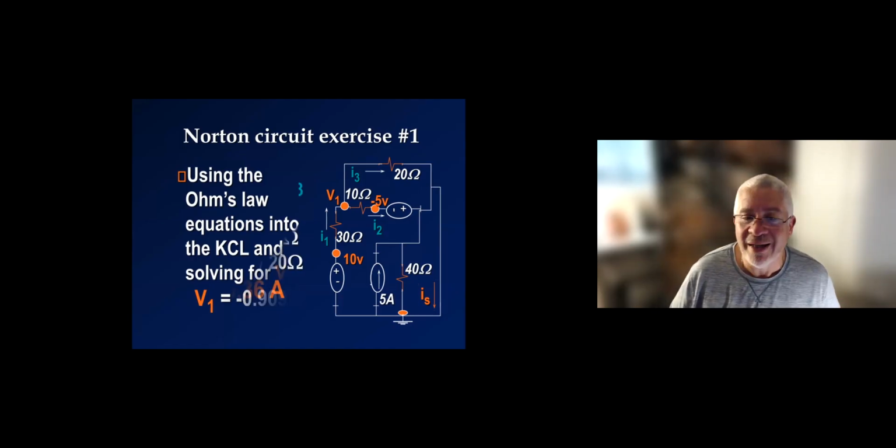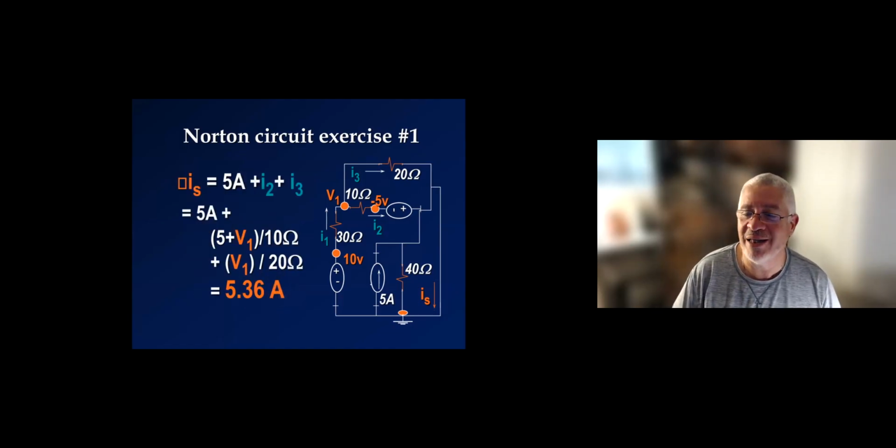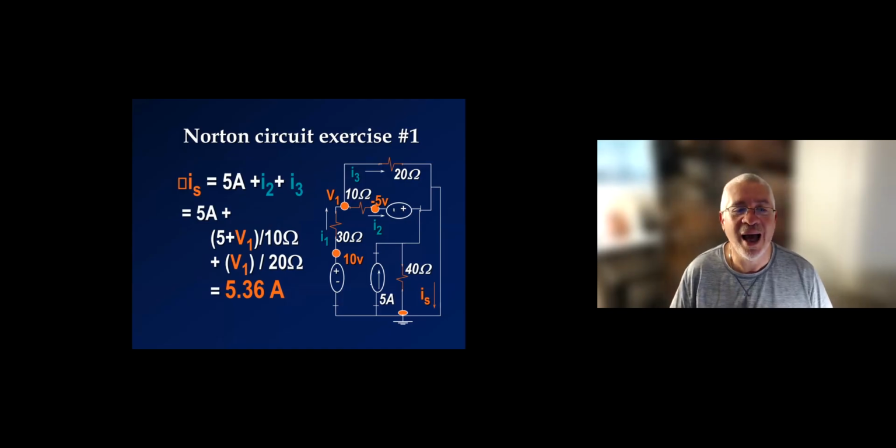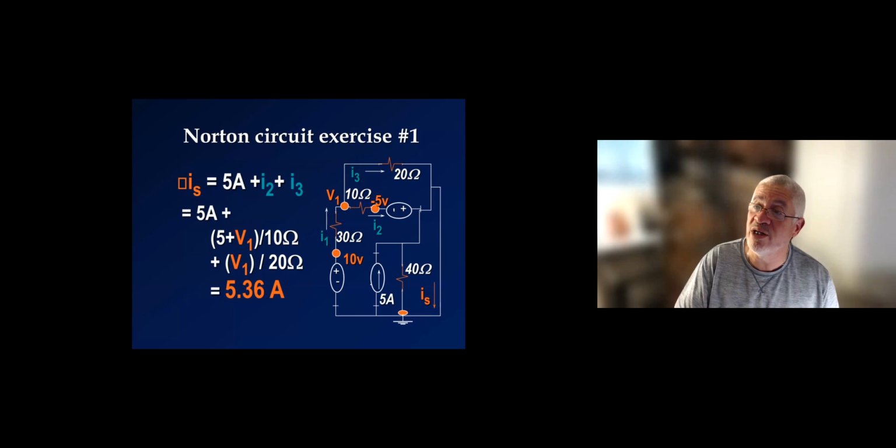So that's a little trickier. I grant you that. So IS is 5 amp plus I3 plus I2. And using Ohm's law for I2 and I3, I get the current IS, which is ISC, called 5.36 amp. A little challenging, okay, in terms of that. Actually, it would be a good exercise for you to redo this problem here using mesh. It will be a good practice for that.